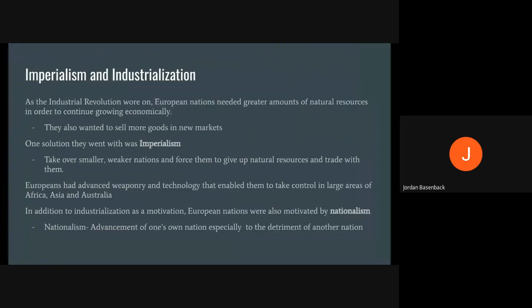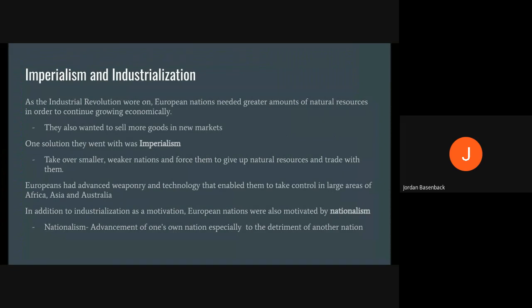So another outgrowth of the Industrial Revolution was that as it wore on, these European nations where the Industrial Revolution first took place needed greater amounts of natural resources in order to keep the factories not only going, but also to continually increase their market share and to sell more goods.